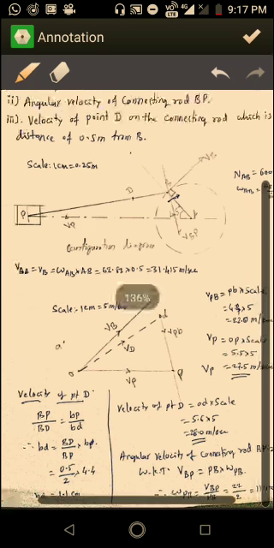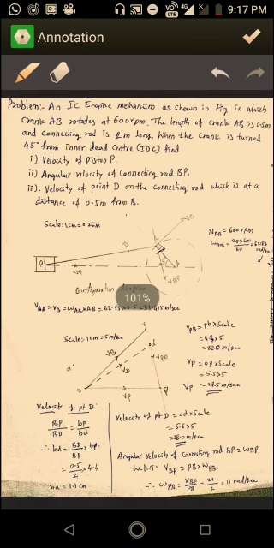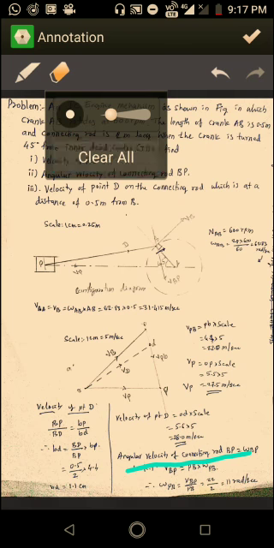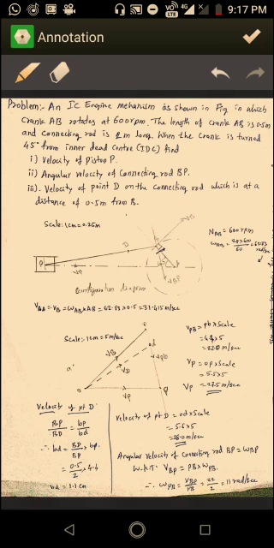Now come to the second question, the angular velocity of connecting rod BP. The angular velocity of connecting rod BP is omega BP. We know the relation v equals omega into r.